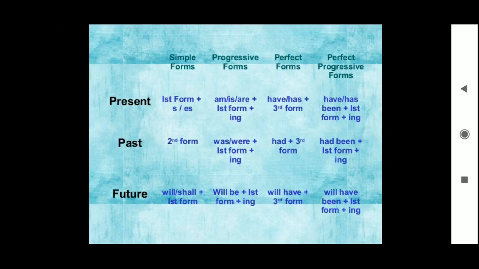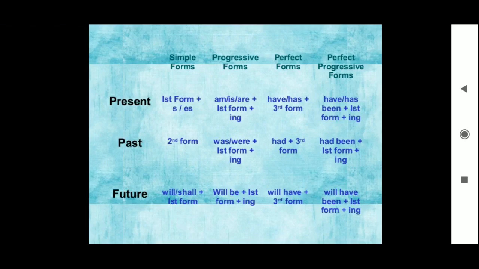Now come to the past tense. In simple past, we use subject plus second form of the verb plus object. In past continuous forms, we use was with singular subject, were with plural subject plus first form plus ing to the verb.